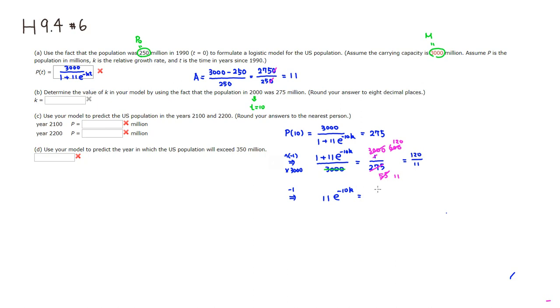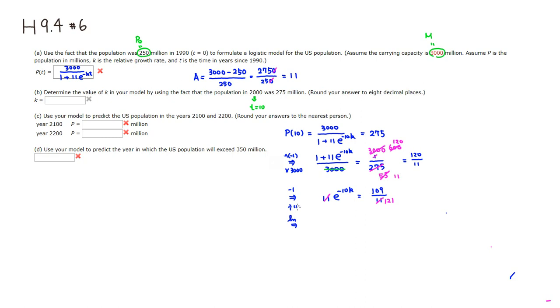Then divide through by 11, so we get 11 squared, which is 121. Then we take the natural log of both sides.